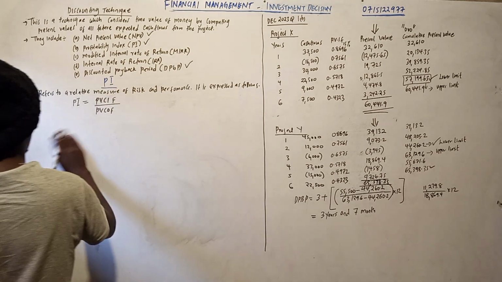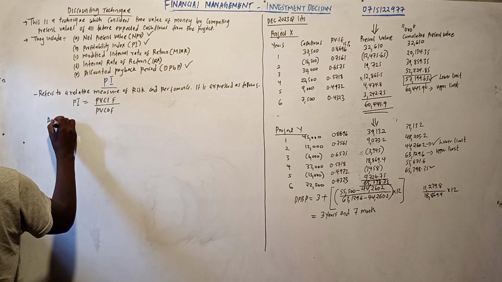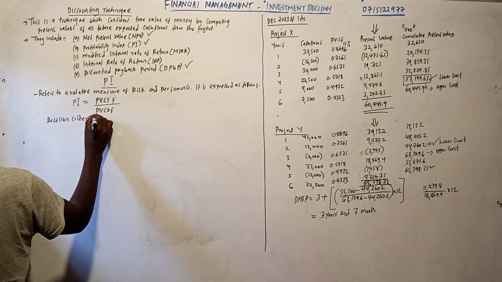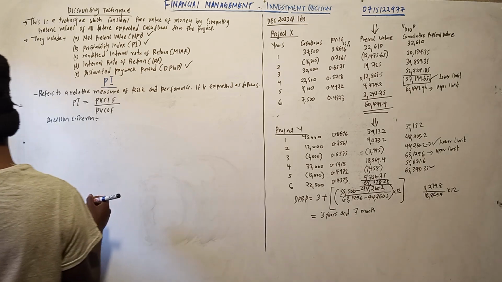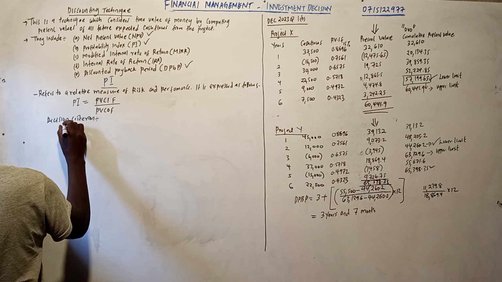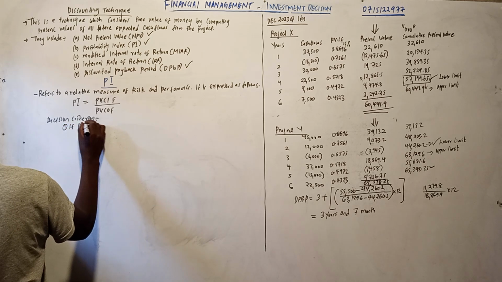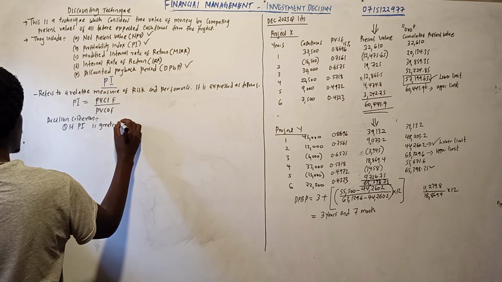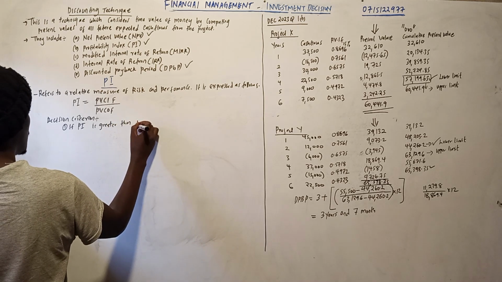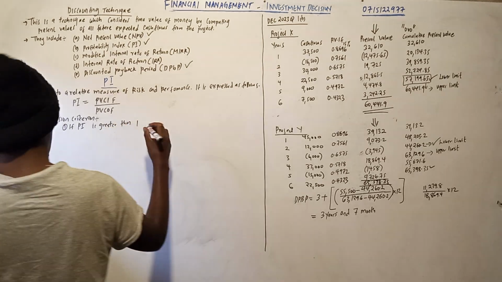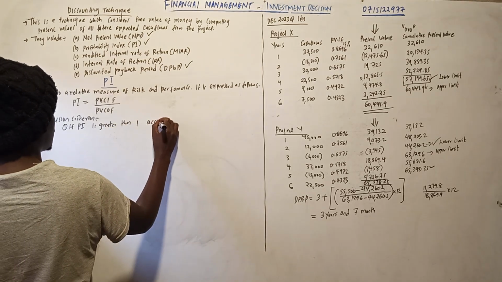Okay, decision criteria before we continue. Decision criterion. Number 1, if PI is greater than 1, accept the project.